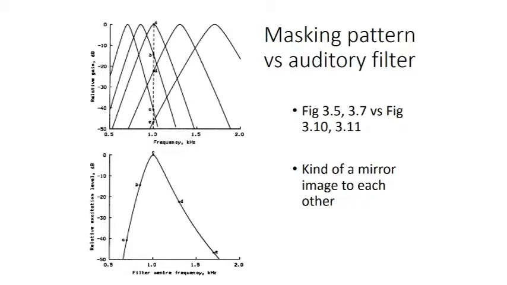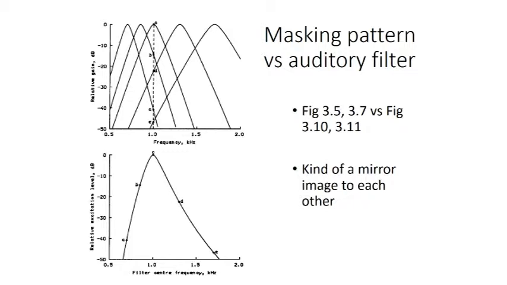The excitation is maximum at around the location of 1000 hertz, and then as the location along the basilar membrane is far from the 1000 hertz location, we have less and less excitation.